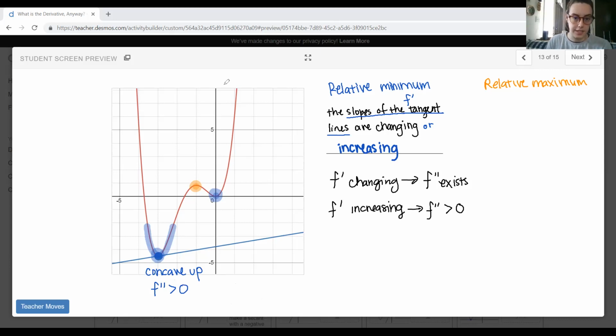So same thing over here. You have like this U shape. That must mean f double prime is positive around here. In fact, all of this is technically part of there.